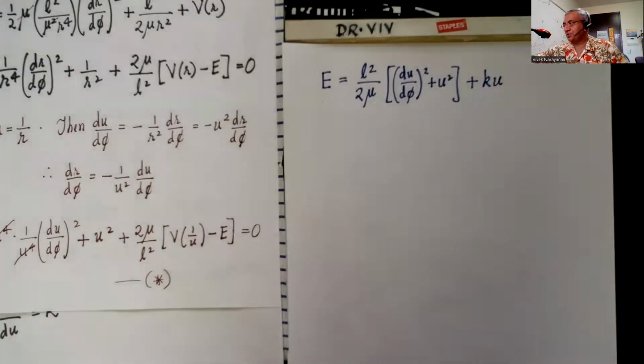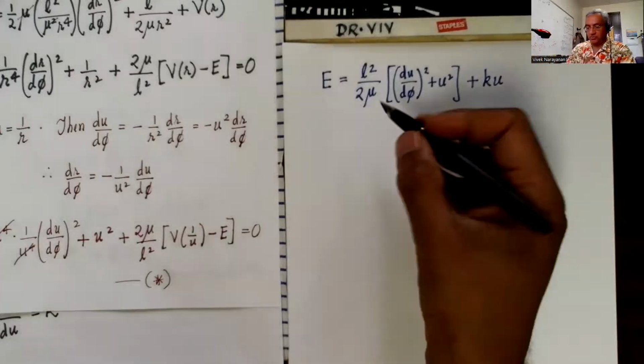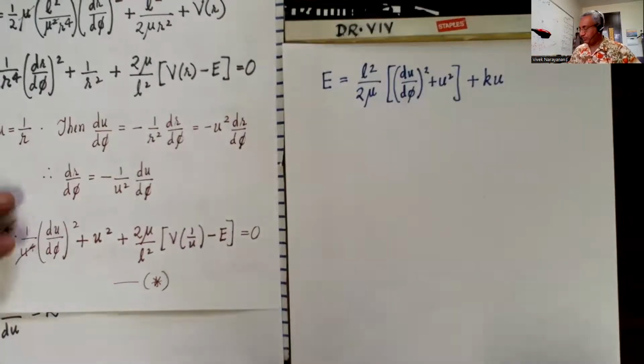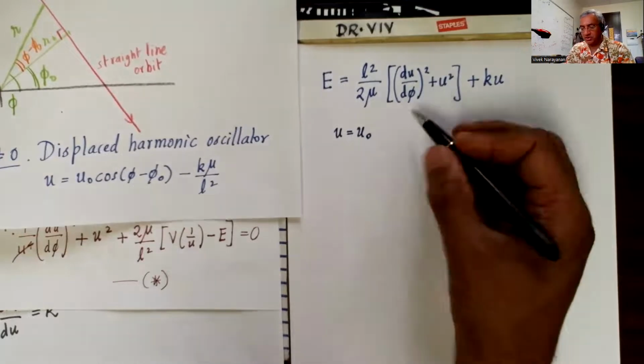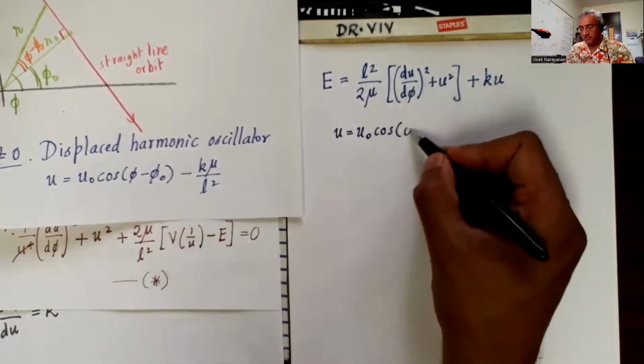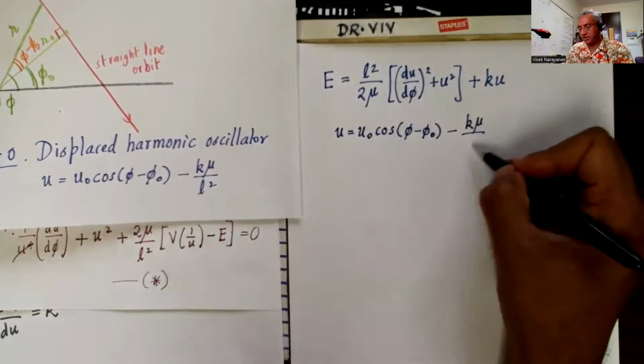I want an expression now for the total energy, because that's important. Well, since my solution of the displaced harmonic oscillator is right there, let me write down what that is. u equals u naught cosine of phi minus phi naught minus K mu over L squared.